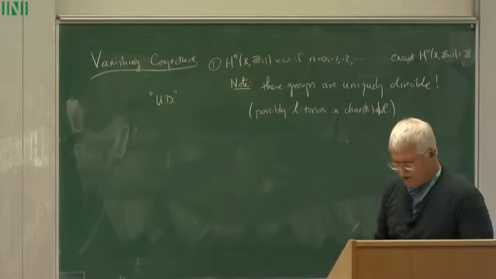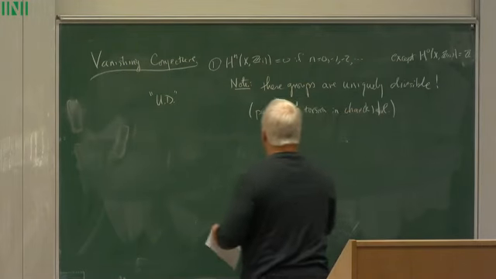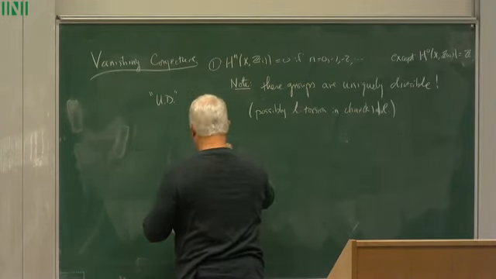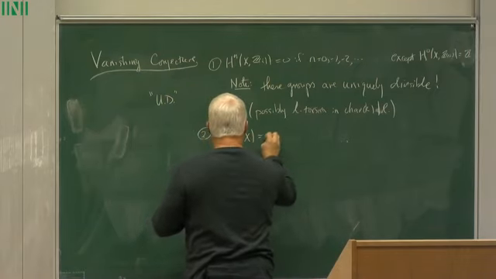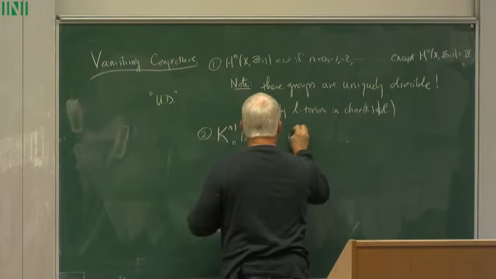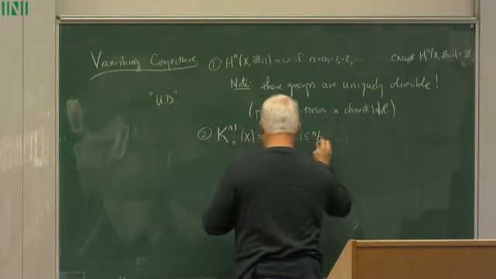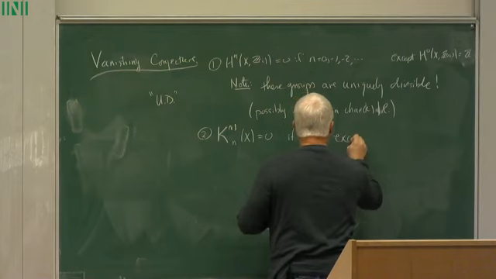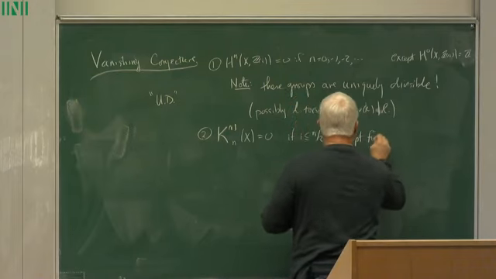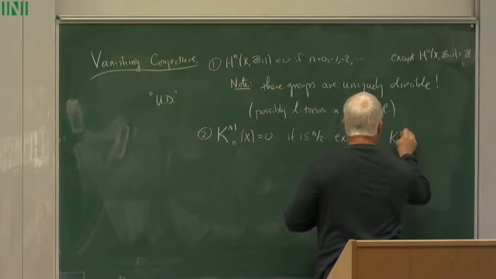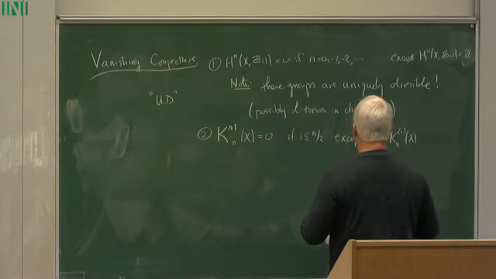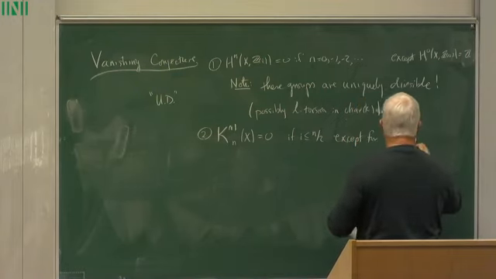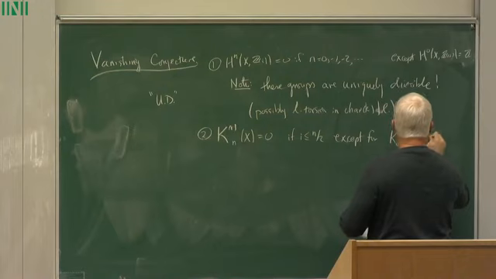And the second part of it is K I n of X is equal to 0 if I is less than or equal to n over 2, except for, of course, K0 parentheses I of X, which is equal to Z if I is equal to 0 and 0 else.